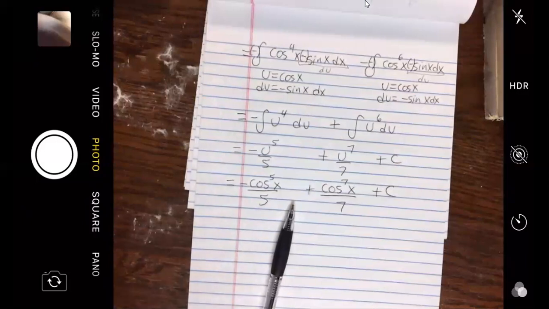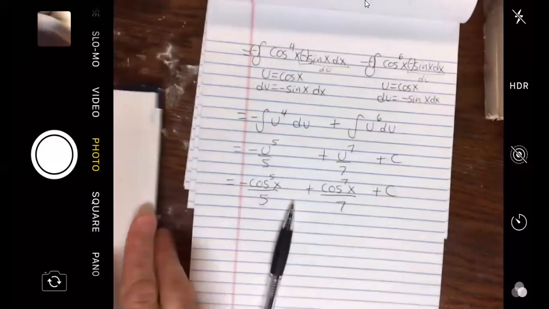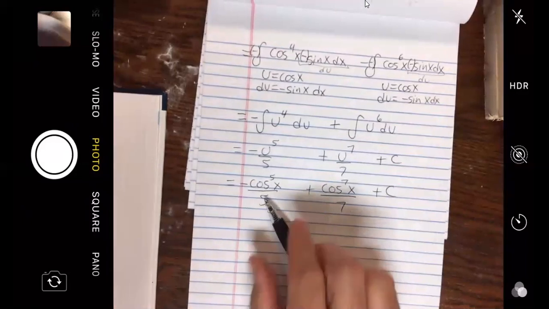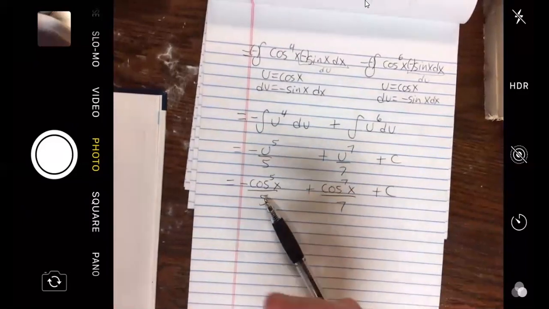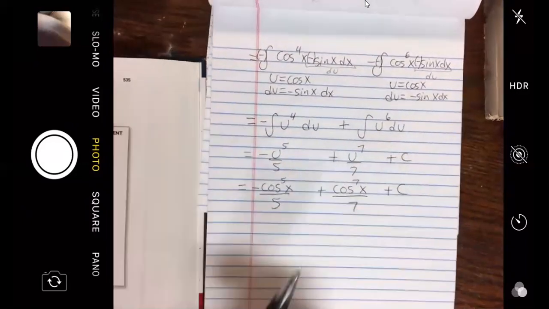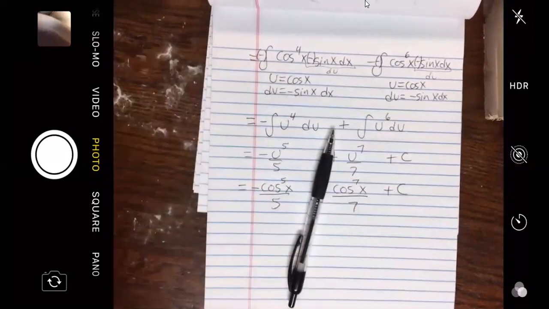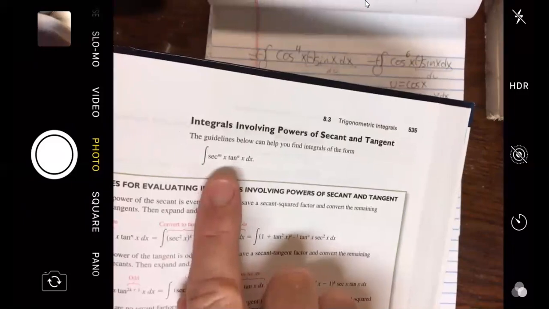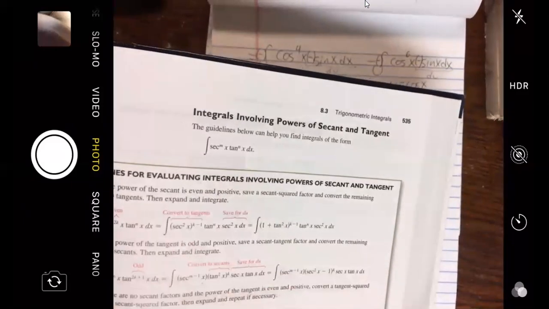We're at 50 minutes, so I'll just point out there's actually 2 more groups of problems in this. They give you powers of tangents and secants. And again, there are five guidelines.